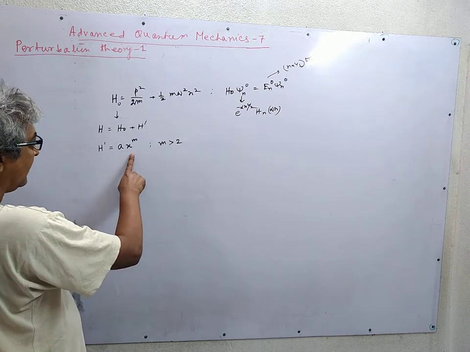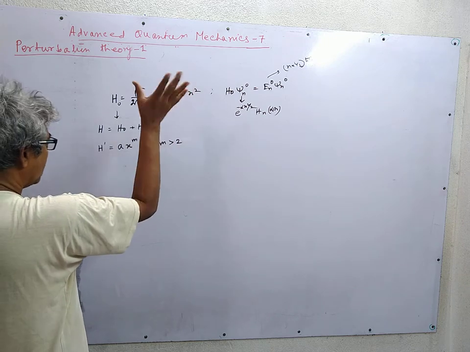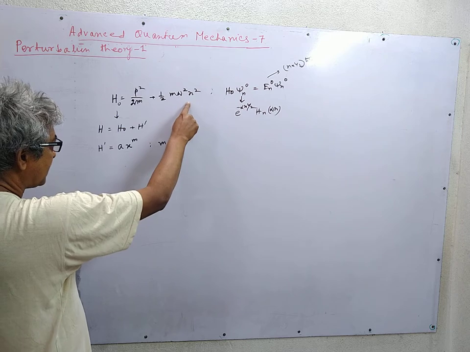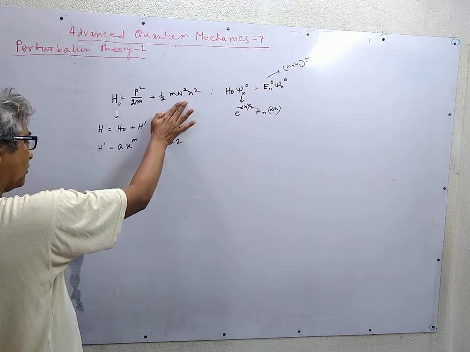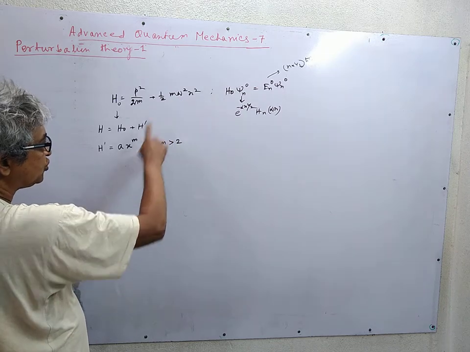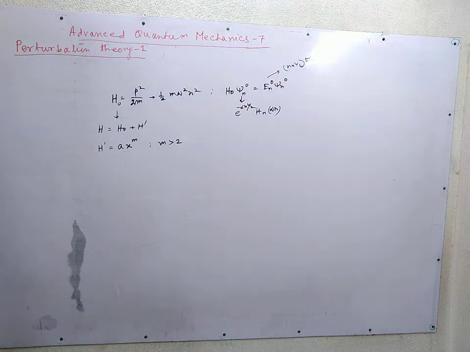If m is 0, then we can add a constant term to the Hamiltonian. If m is 1, then this term can also be accommodated, and if m is 2, this part may be modified to accommodate the square term. But when the perturbation is x cube or x to the power 4, the problem is no longer exactly solvable. So we cannot solve the problem exactly.